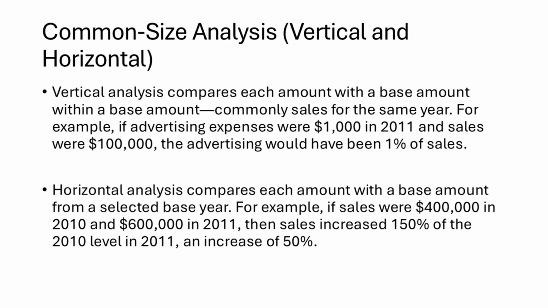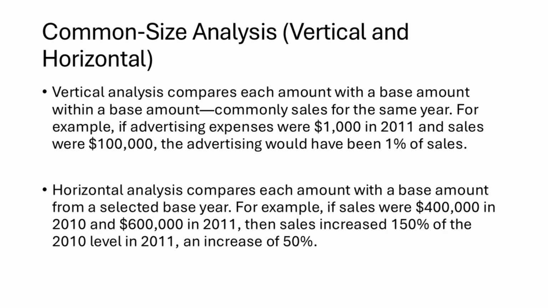Vertical analysis compares each amount with a base amount, commonly sales for the same year. For example, if advertising expenses were $1,000 in 2011 and sales were $100,000, the advertising would have been 1% of sales. Horizontal analysis compares each amount with a base amount from a selected base year.